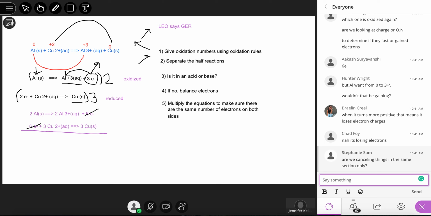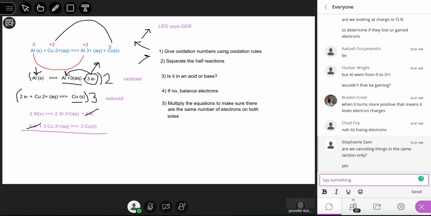It doesn't have to, do you mean in the same half reaction? No. So in this case, I have 2 aluminum solid, 2 aluminum 3+, and 6 electrons. And I'm going to cancel those 6 electrons with the 6 electrons from the copper. That's just a shortcut, because if I add these all together, on the left of the arrow, I would get 2 aluminum plus 6 electrons plus 3 copper 2+.